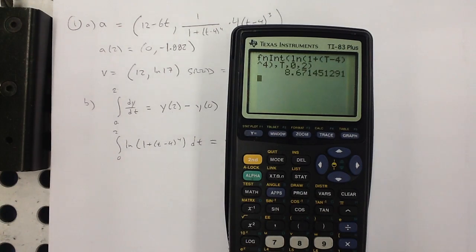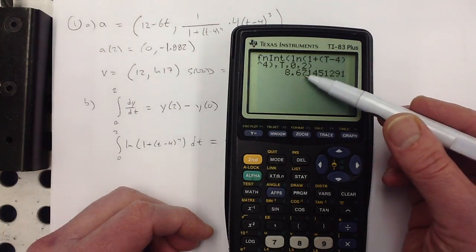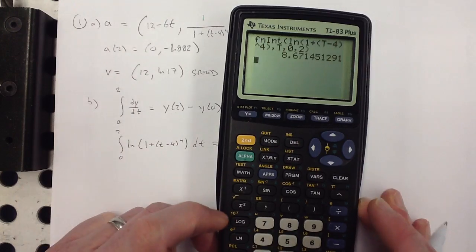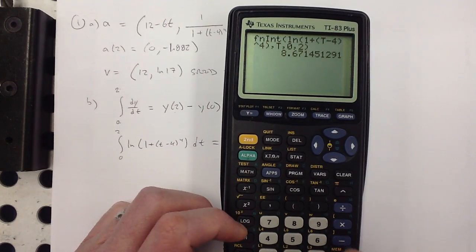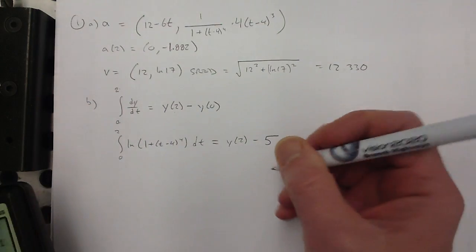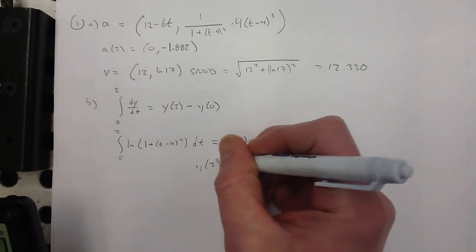And that gives me 8.671, and then I'm going to add the 5 to the other side because I want to know the y-coordinate at 2. 8.671 plus 5 gives me 13.671. So y of 2 is 13.671.